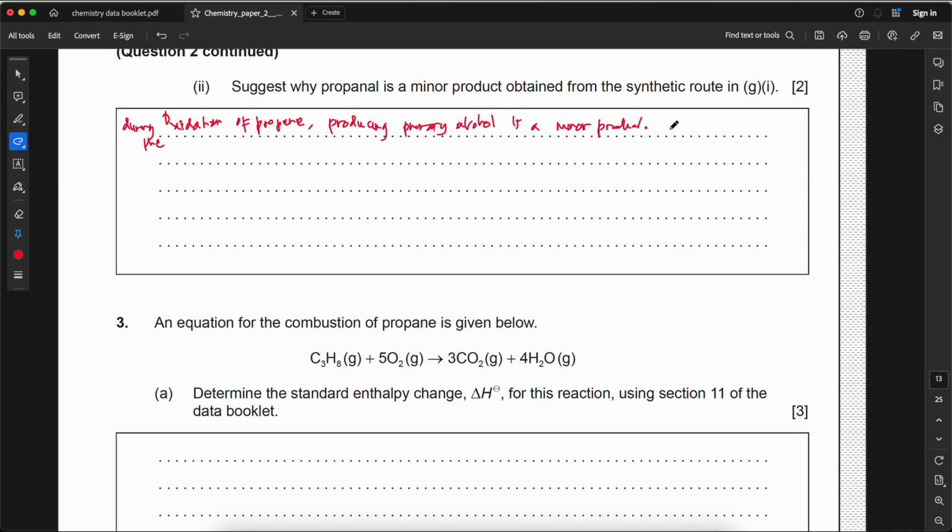Why? Because it is formed from primary carbocation.